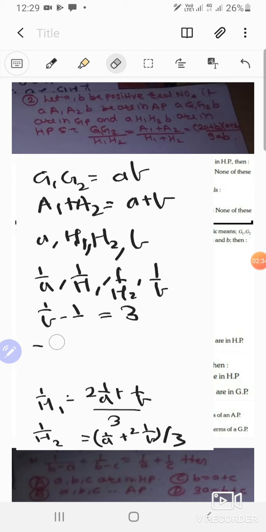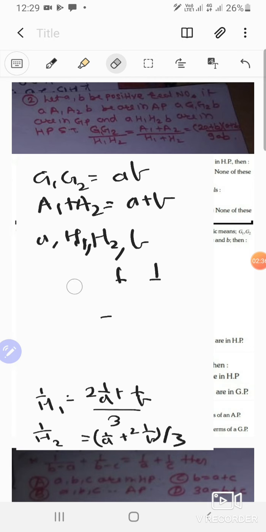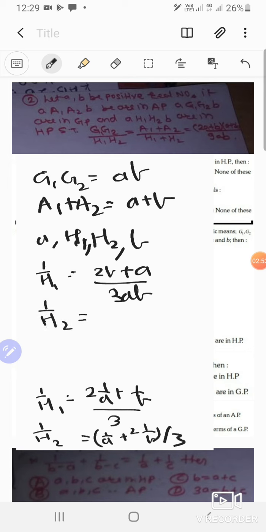Okay, cool. So let's just erase all this stuff and simplify. If we simplify this, we get 1 by h1 is equal to (2b plus a) upon 3ab, and 1 by h2 is equal to (b plus 2a) upon 3ab.